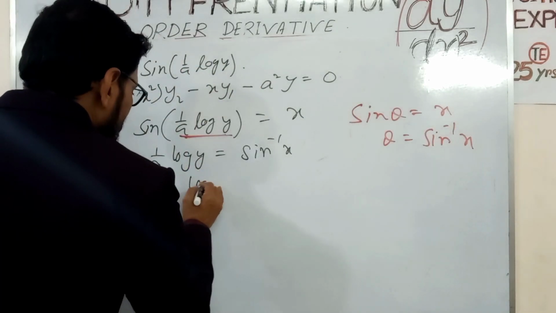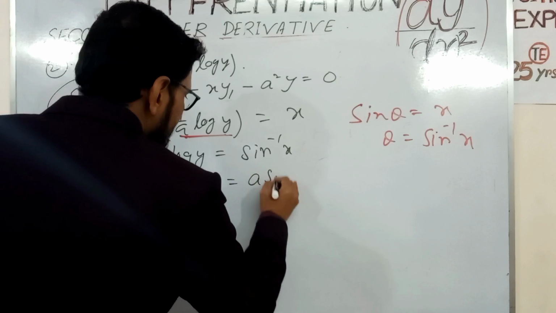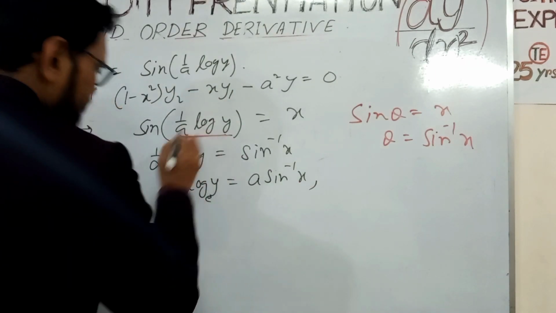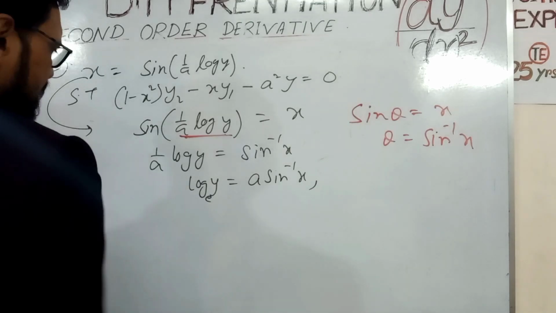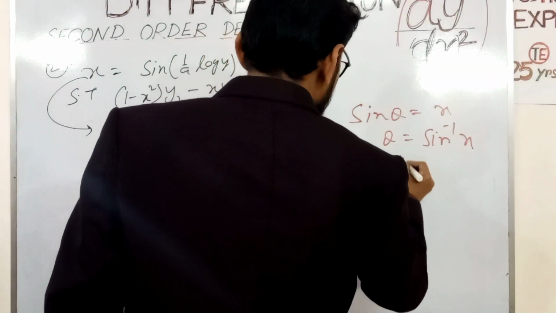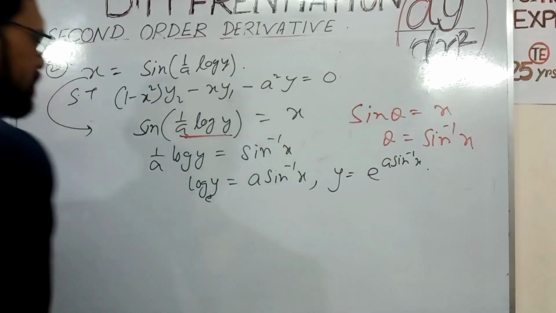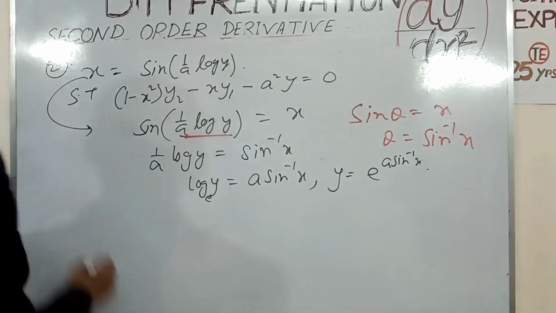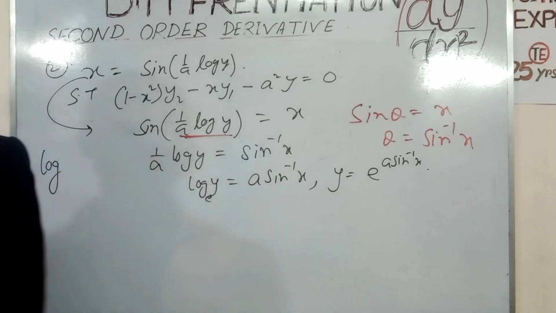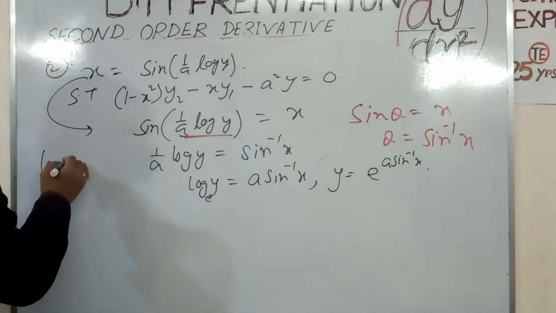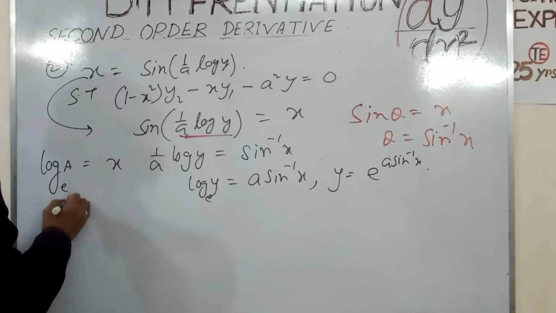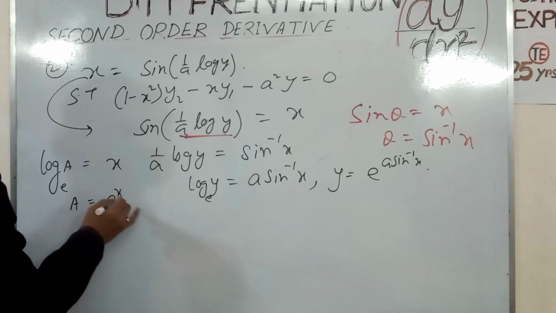So log y equals a sin inverse x, and here the base is e. So y equals e to the power a sin inverse x. This is the basic definition of logarithm: if log a equals x with base e, then a equals e to the power x.